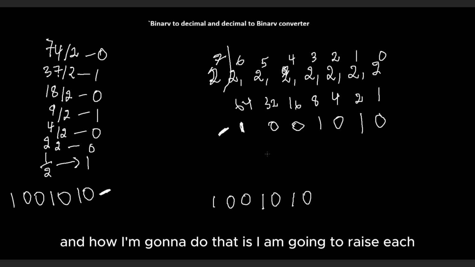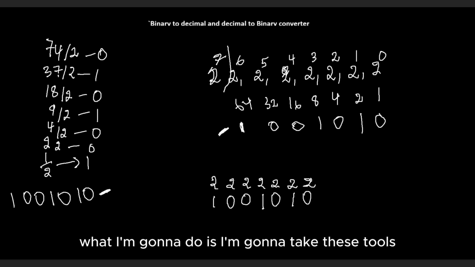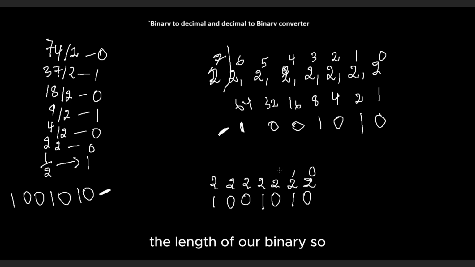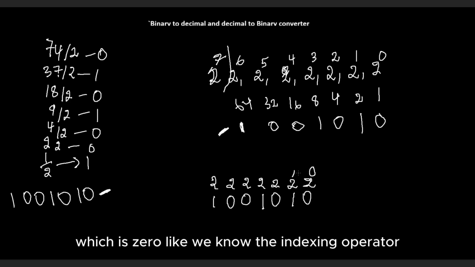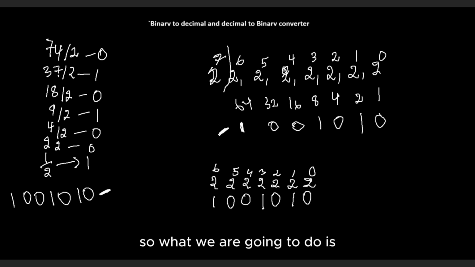I am going to replace each digit by 2, and then raise these twos to the index positions, which are 0, 1, 2, 3, 4, 5, and 6. We are going to leave all the zeros and just take all the ones.